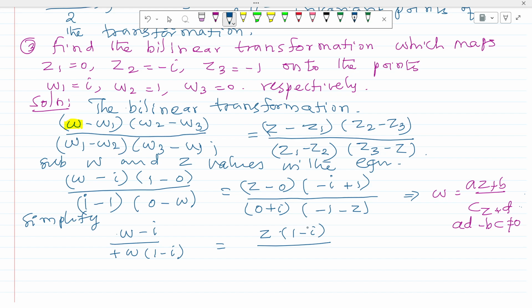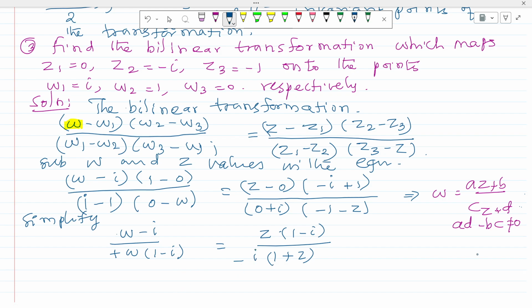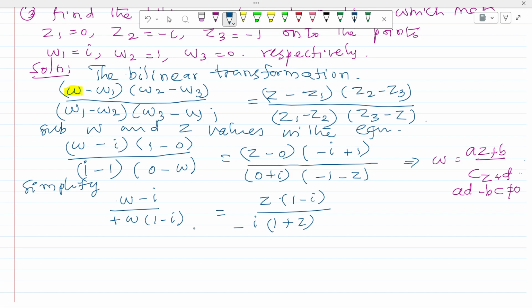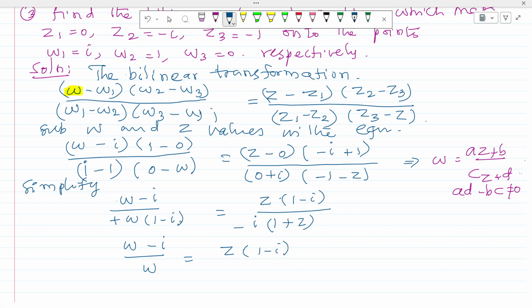So take it minus outside. 1 plus Z. And then outside minus I is there. Cross multiply that 1 minus I here. W minus I by W equal to Z into 1 minus I. One more 1 minus I is there. 1 minus I whole square.